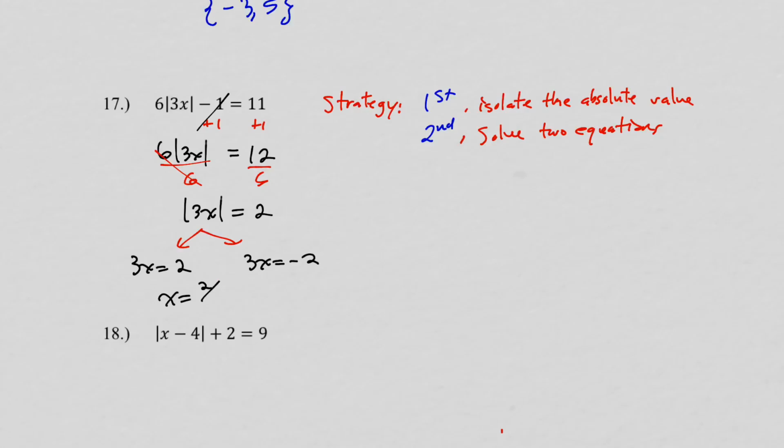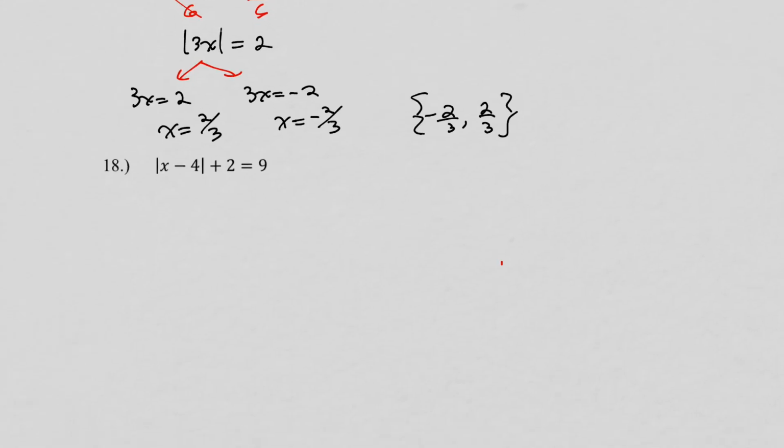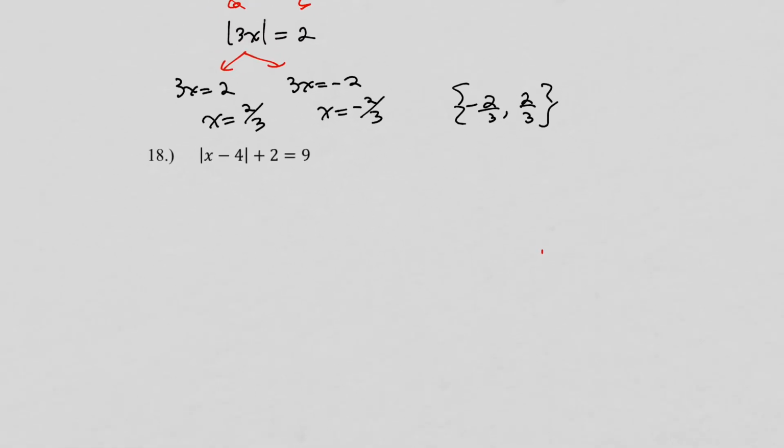So x is going to be 2/3, and over here x is going to be negative 2/3. And you can check those out. Pause the video if you need to. And number 18, go ahead and try this one.